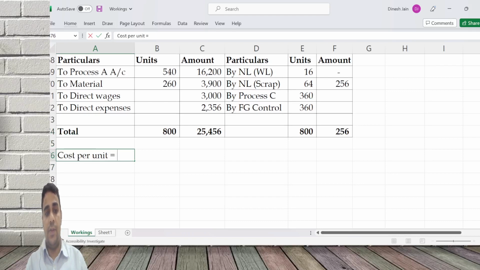Cost per unit is debit side of process account minus sale value of normal loss divided by expected output. Once that initial adjustment is understood, thereafter it's very simple.